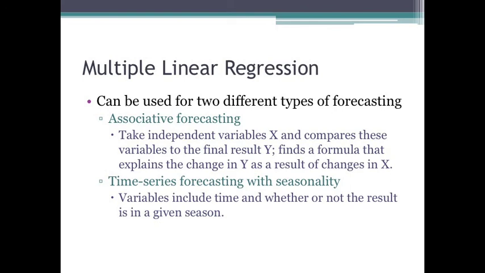Is it January? Yes, then the value of the variable for January equals 1. If no, then it equals 0. So we can forecast using seasonality by having each season, well, almost each season, and I'll explain why in that other video. Almost each season has a variable corresponding to it.